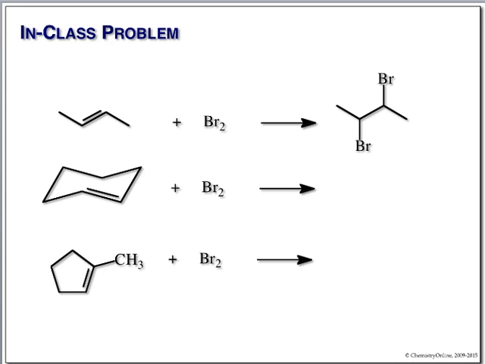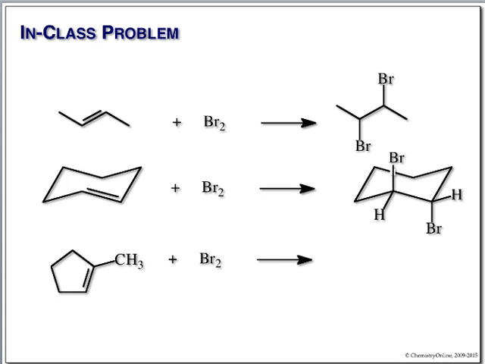That means that initially, the product we're going to make is a 1,2 dibromide, but the two bromines are going to be axial, so they must be opposite from each other. So here I've added, and I've made a 1,2 dibromide. Again, the bromines are both axial because they must come in on opposite sides.